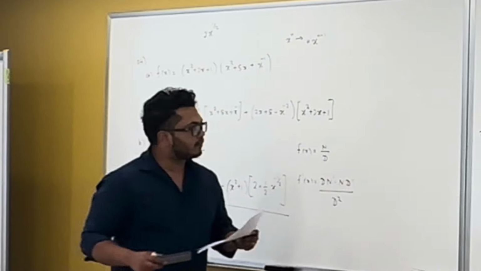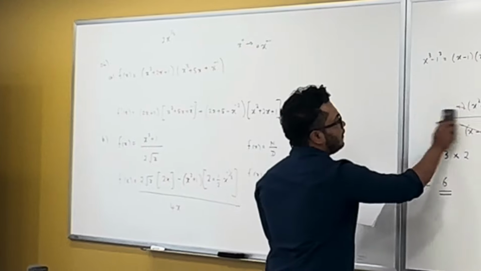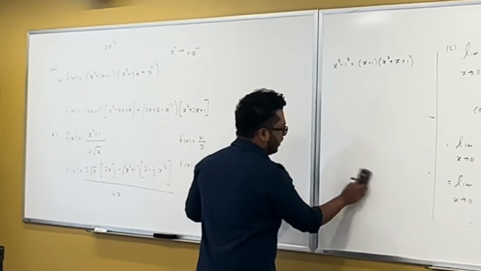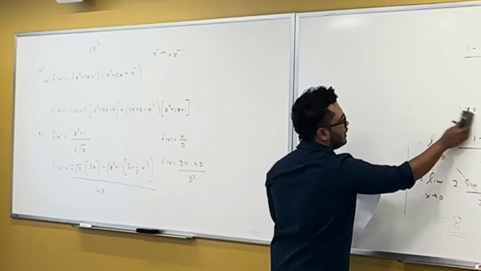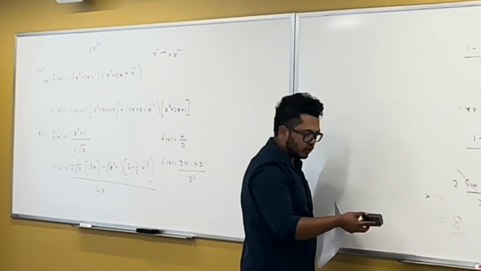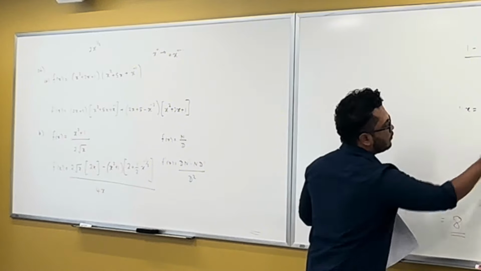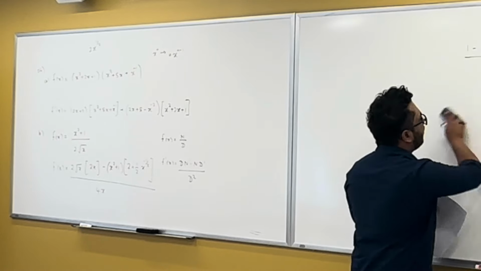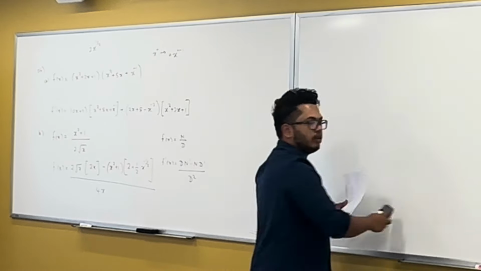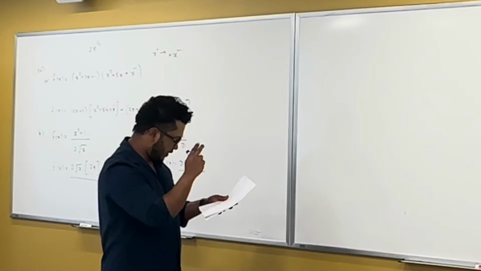Part C, we have a trig function. Derivative of sine is cosine, derivative of cosine is negative sine, derivative of tan is secant squared. The derivatives of the 6 trig functions you must know, okay? Other things, products and everything you can create from that, basics.